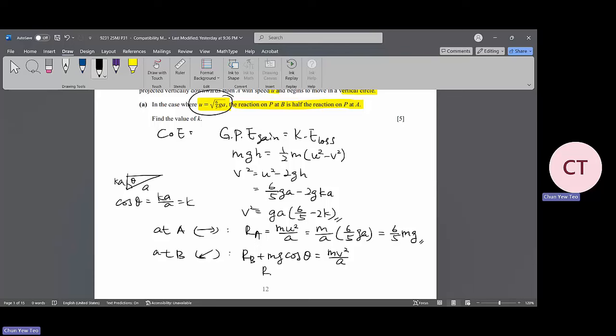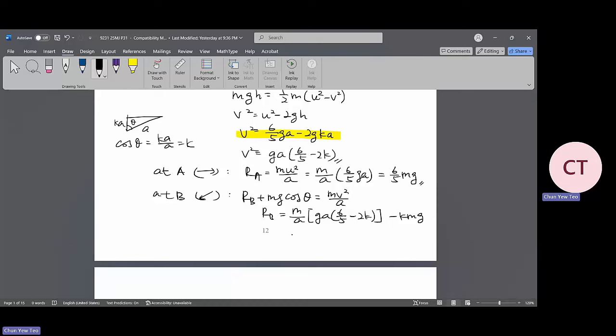So the RB is actually m over A times the v square. We use this result: GA times 6/5 minus 2K, minus the K mg.